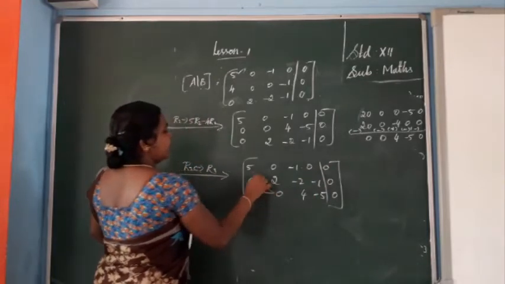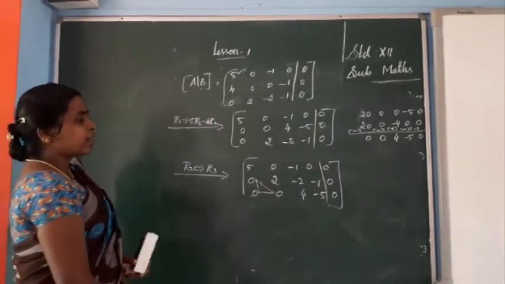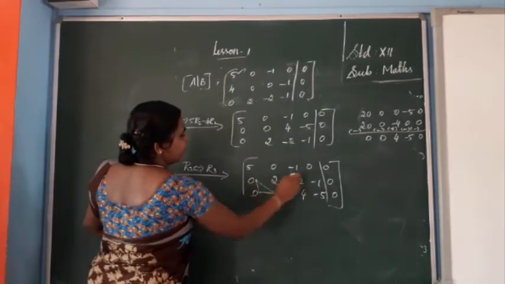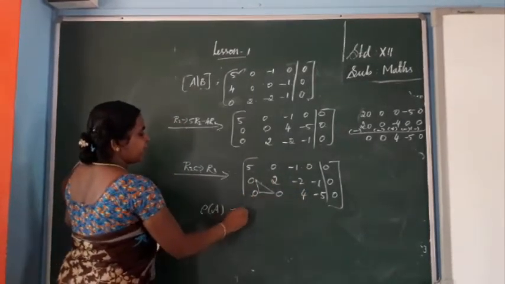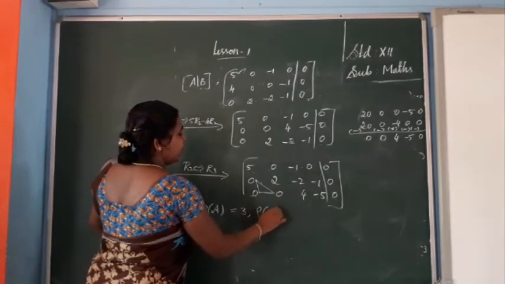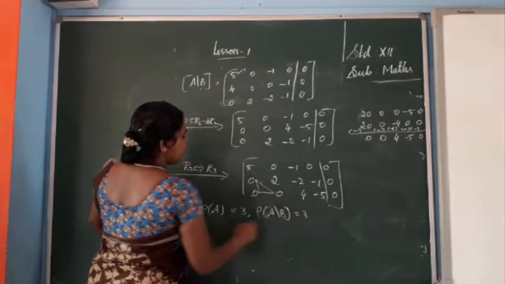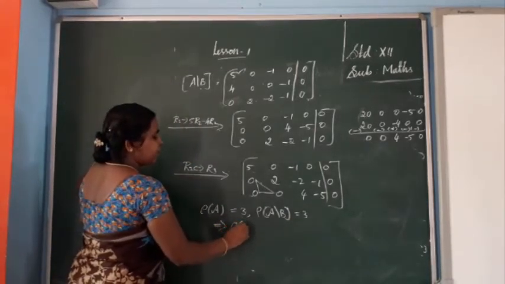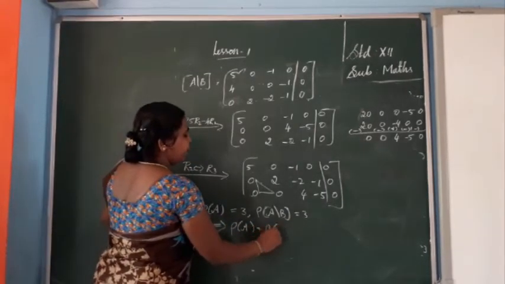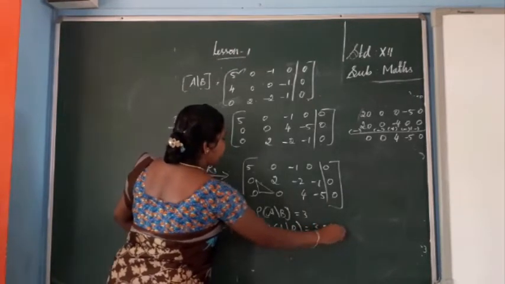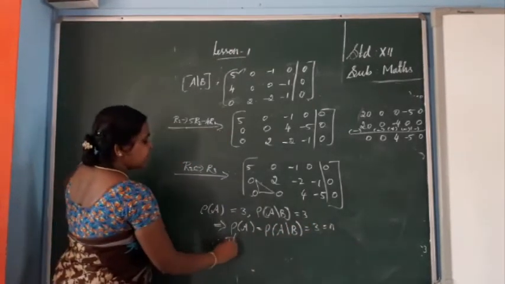Now you can say the rank also. Here rank of A is 1, 2, 3. Okay, rank of A is 3, rank of AB also 3. So it implies rank of A equal to rank of AB equal to 3, equal to number of unknowns.